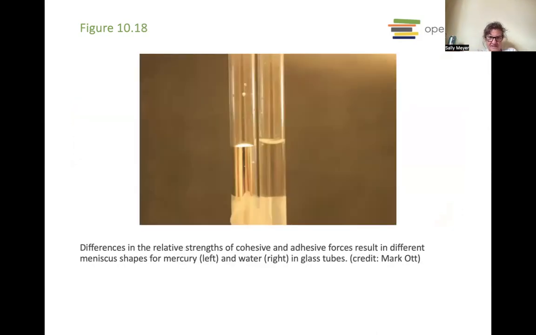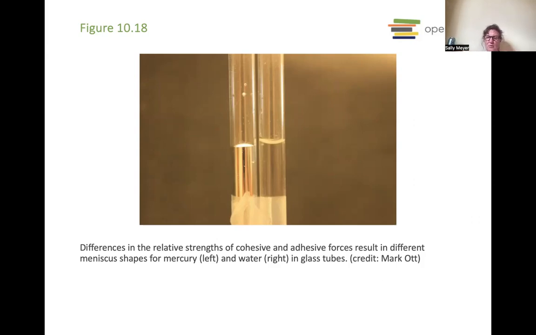The differences in the relative strengths of cohesive and adhesive forces result in different meniscus shapes for mercury and water. Water has an adhesive force with glass, meaning it's attracted to glass. Cohesive force is the force that holds molecules to each other. Adhesive force, in this case, is the water or the mercury interacting with the glass tube.